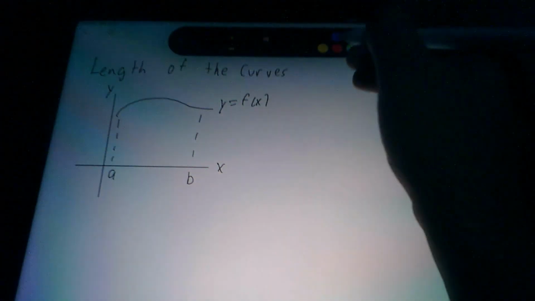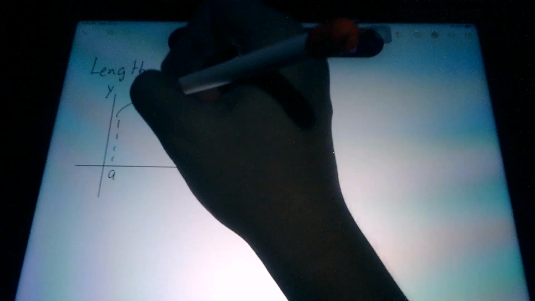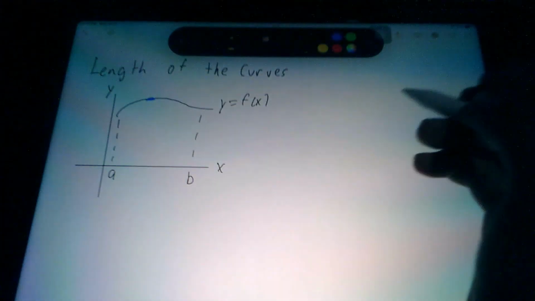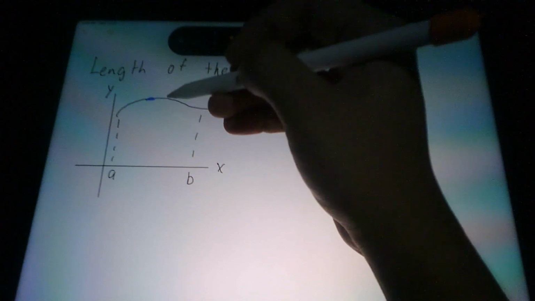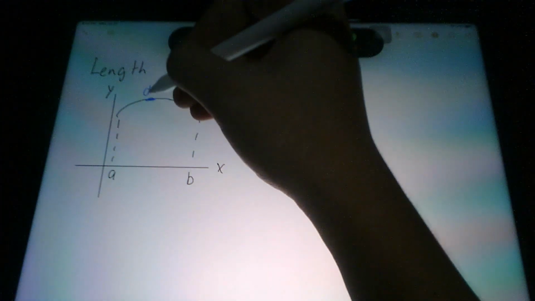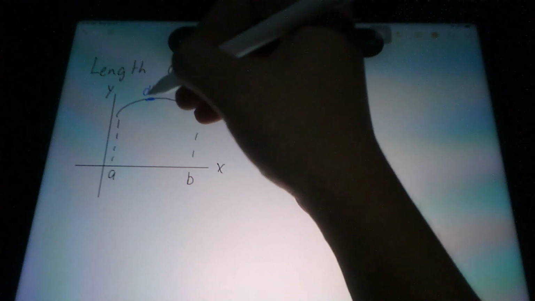Now let's say here we will make a strip here. Can you see it there? It's color blue, and this strip here is our DL, or differential length.